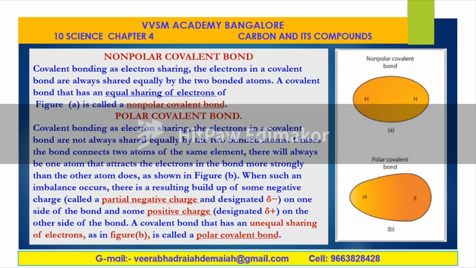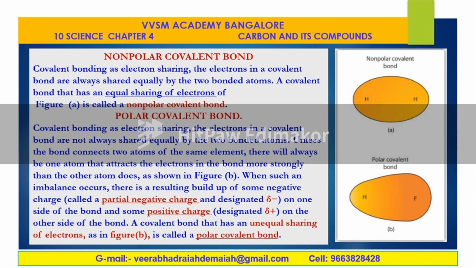So here, equal sharing of electrons. This hydrogen has one electron, this hydrogen has one electron, equal sharing. This equal sharing of electrons leads to the formation of a non-polar covalent bond.